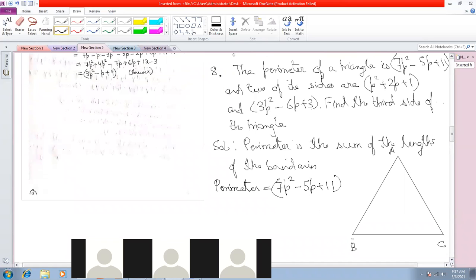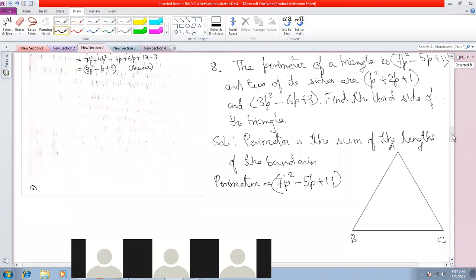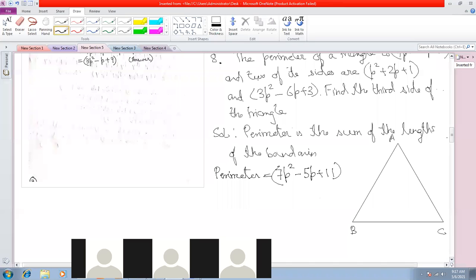And what are the two sides given? Two sides are given to be p square plus 2p plus 1 and 3p square minus 6p plus 3. All of you know how to write the sides of a triangle, right?